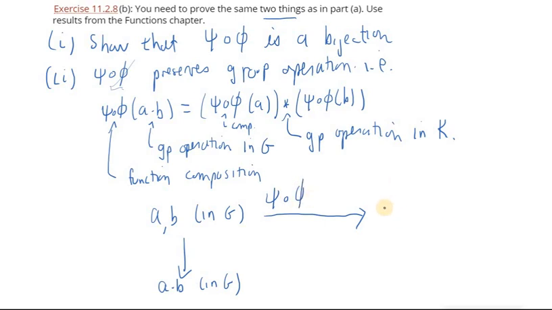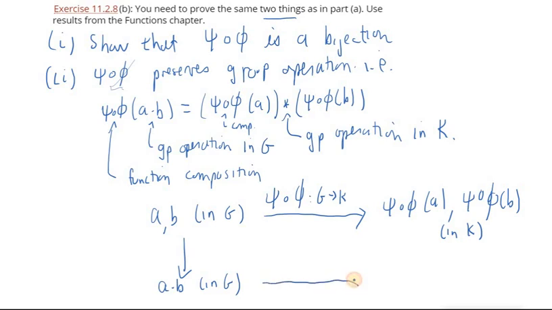This is going to take me to psi composed phi of A and psi composed phi of B. And this is in K, right, because this takes G to K. On the other hand, I can take psi composed phi.